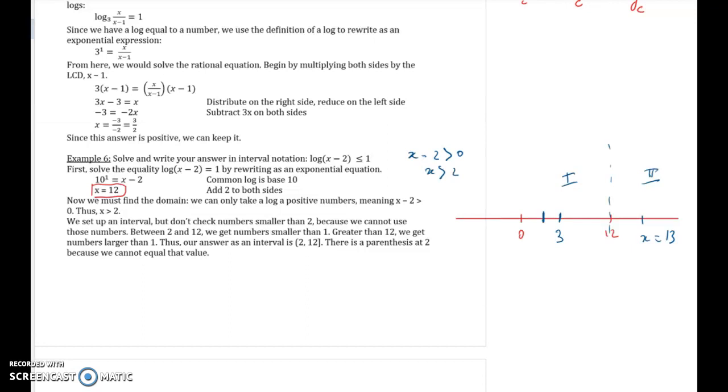So let's take a value x equals 3. When I do that, for interval number 1, when x equals 3, I end up with log of 1. And when I look at x equals 13, I end up with log of 11.